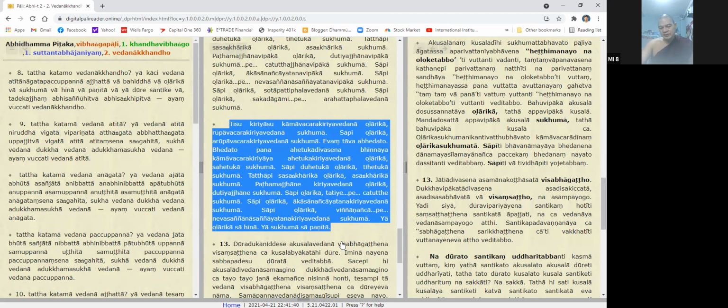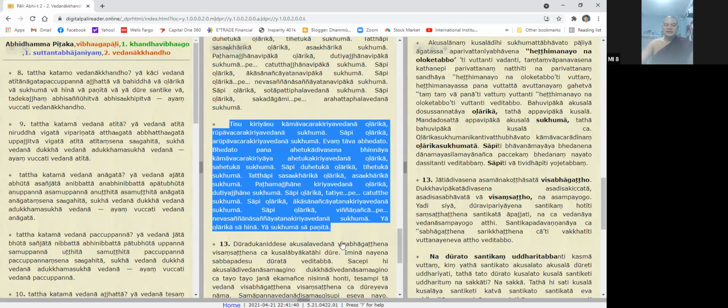Then Dvihetuka Kamajara Kriya, Tihetuka Kamajara Kriya. Now when we analyze Ahetuka, Sahetuka, Dvihetuka, Tihetuka, for Kamajara Kriya, Ahetuka Kriya Vedana, the Vedana arises in all the Cittas.